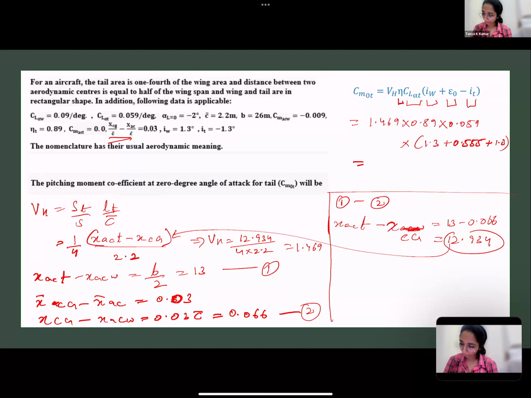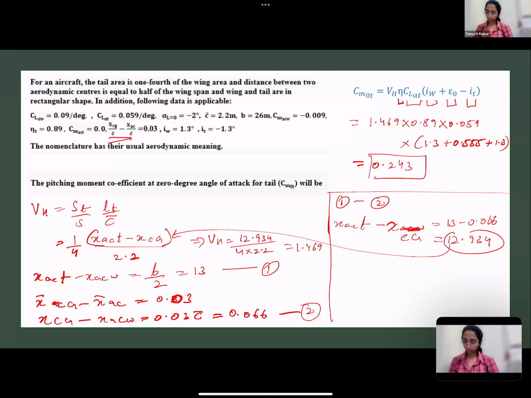So what is the final answer? I'm getting something around 0.243. This is the CM naught contribution of the tail. Yes, 0.243. Okay. You understood this?